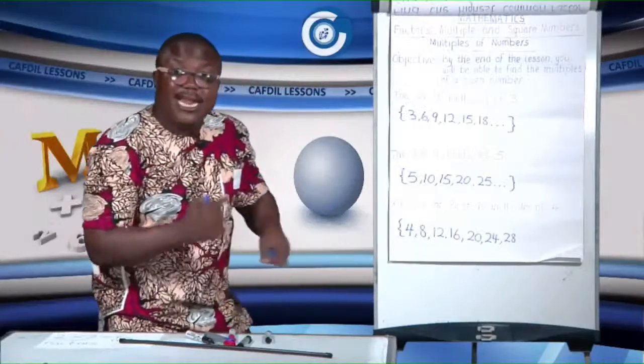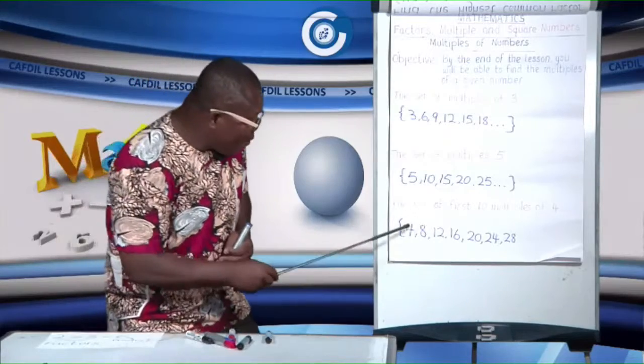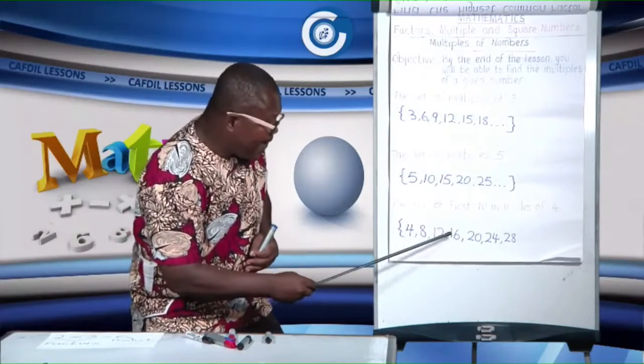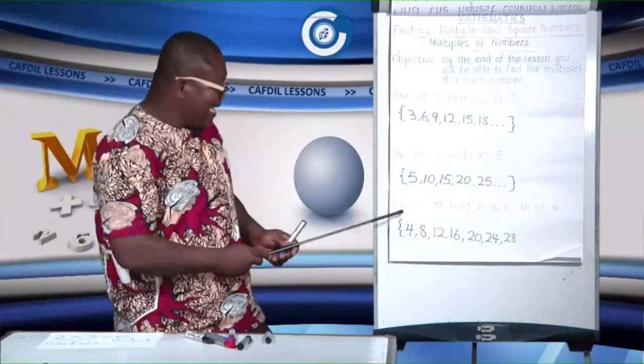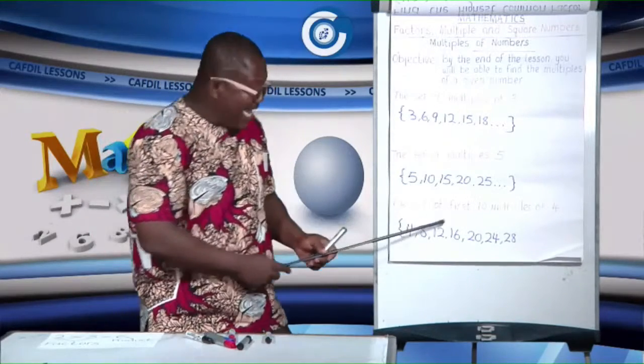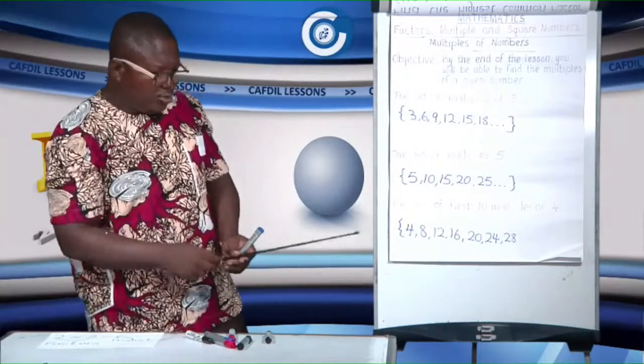Please, as we are doing, you have to count. So we have 1, 2, 3, 4, 5, 6, 7. And they are saying the first 10. And I have done 7 of them. So it means that I have 3 more to add.